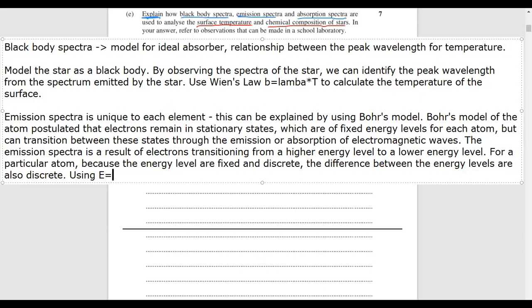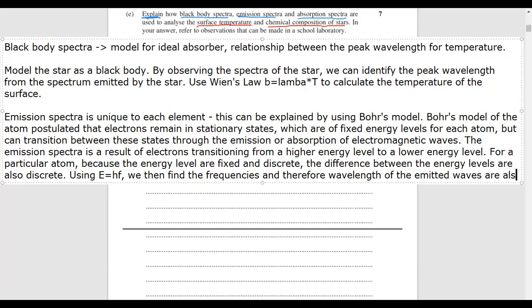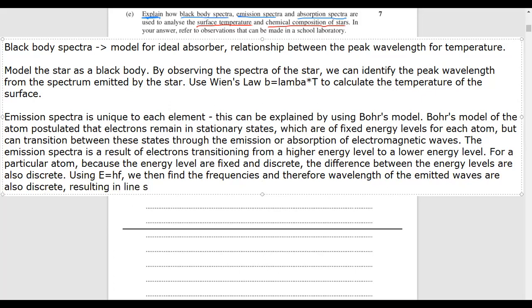Using E equals hf, we then find the frequencies, and therefore wavelengths of the emitted waves are also discrete, resulting in line spectra.